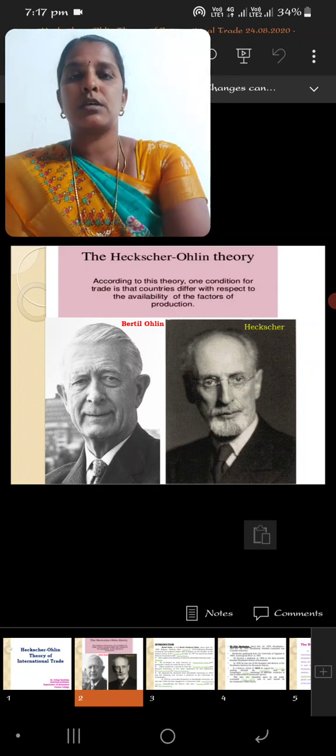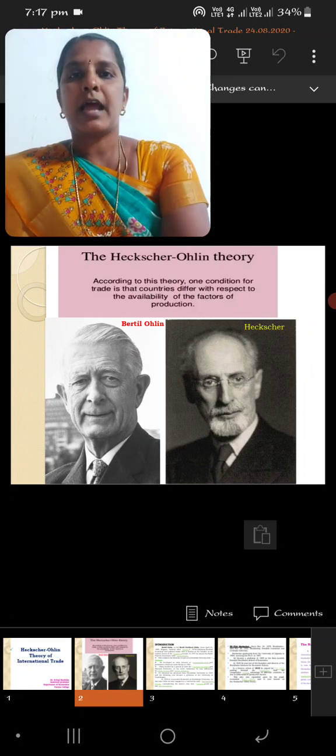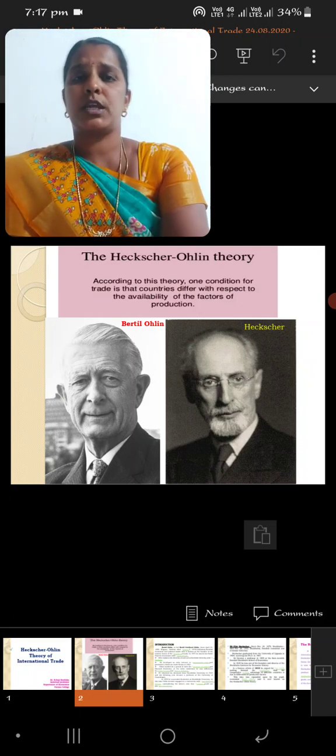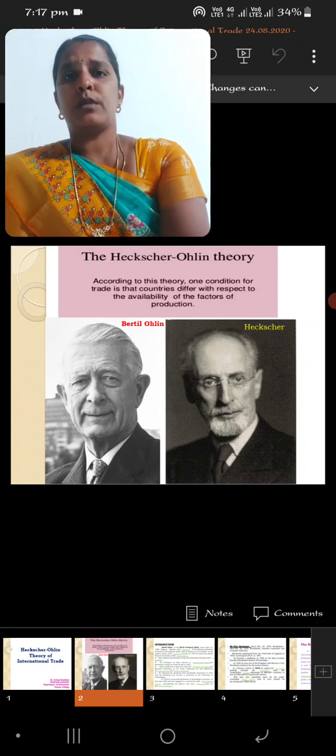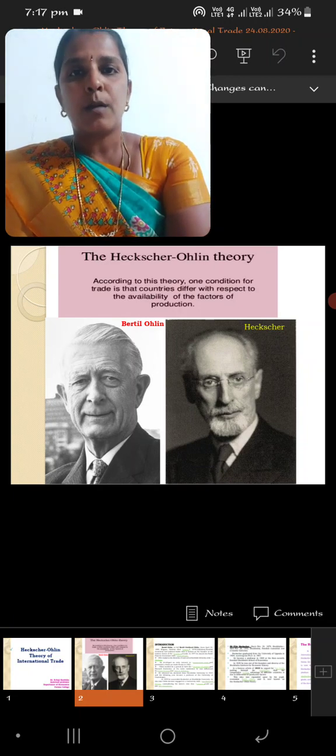The two goods are wine and cloth. Two countries, England or Germany or Australia or America, whichever countries are possible, we have chosen only two countries, two goods, and two commodities.